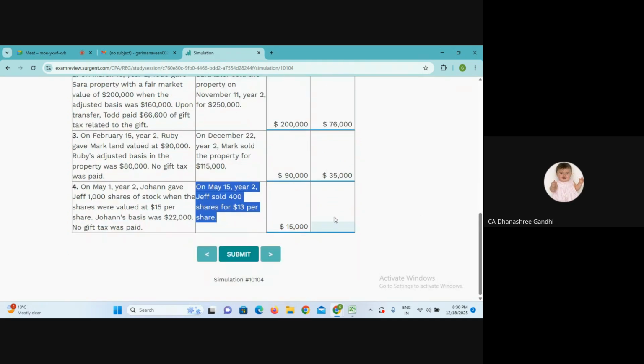No, but this is after 1 year, May 1 and May 15. Both are year 2. Yes, the transaction is occurring within 15 days. So, ma'am, it is not a wash sale.